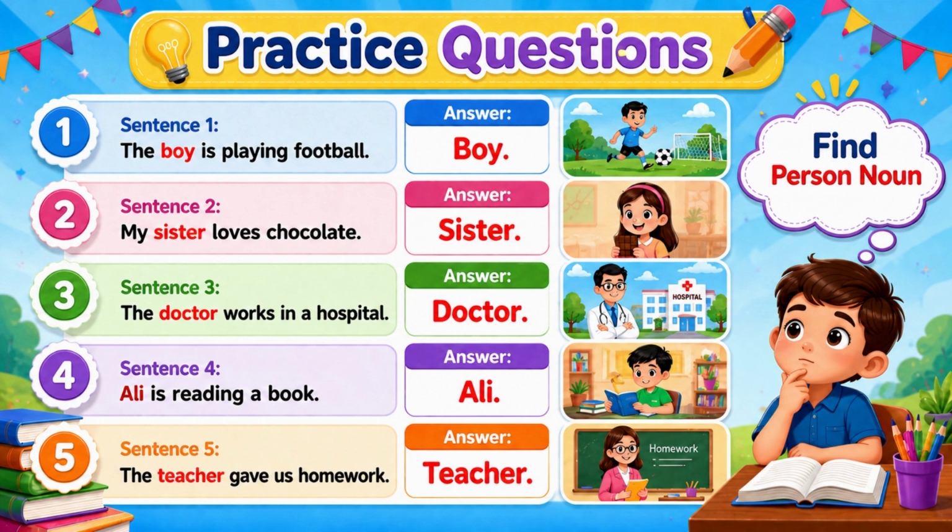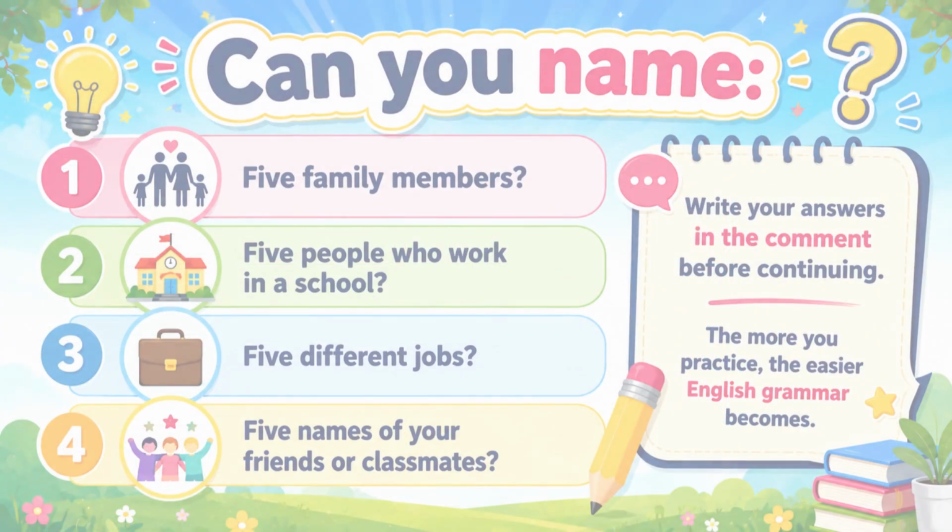The doctor works in a hospital. The person noun is doctor. Sentence 4. Ali is reading a book. The person noun is Ali. Sentence 5. The teacher gave us homework. The person noun is teacher.